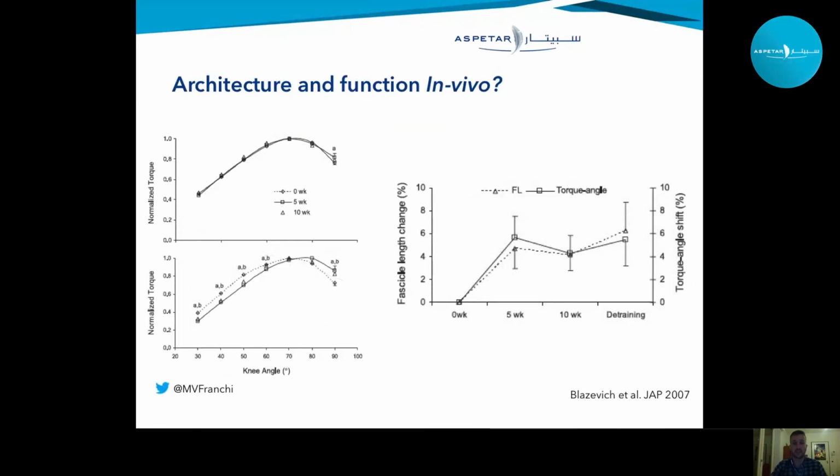And this was another study by Tony Blazevich and colleagues in JAP, in which fascicle length change was pooled from a concentric and an eccentric group. Comparing it to the torque-angle relationship, you can appreciate that fascicle length changes go hand in hand with the changes in the torque-angle relationship.